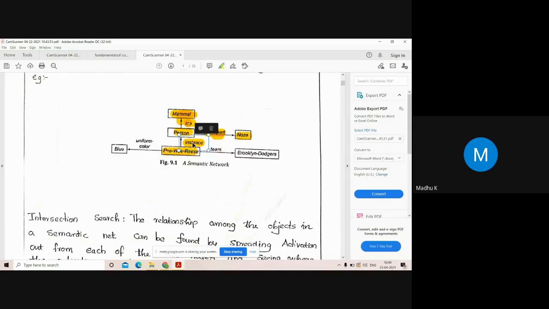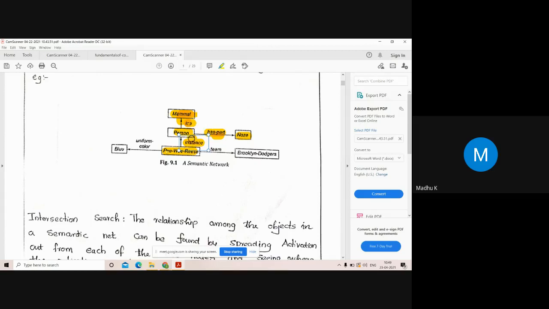So what does instance relation mean? It is used to show that the object or concept is a particular instance of this class. So try to understand the concept of the instance relation.